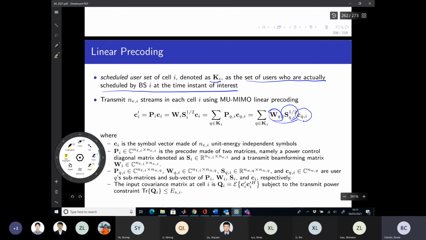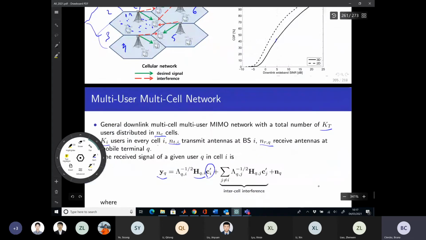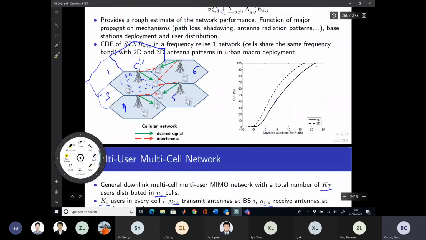So if I look at that here, let's imagine that I have 2 users. I transmit to this one and this one. Maybe I transmit multiple streams to user 1, and maybe multiple streams here, but I may have other users here as well. I have decided to select those 2 users among the many users, and I will transmit 2 streams here and 2 streams there, assuming I have, for instance, 4 transmit antennas.